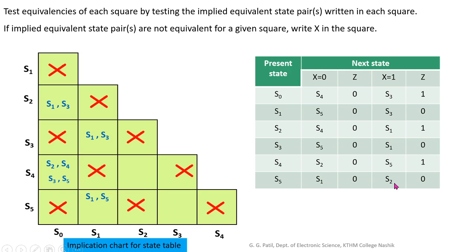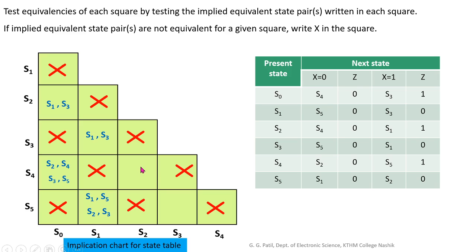So let us enter another implied state pair, S2, S3. Okay. So S1 is equivalent to S5 if and only if S1 is equivalent to S5 and S2 is equivalent to S3.